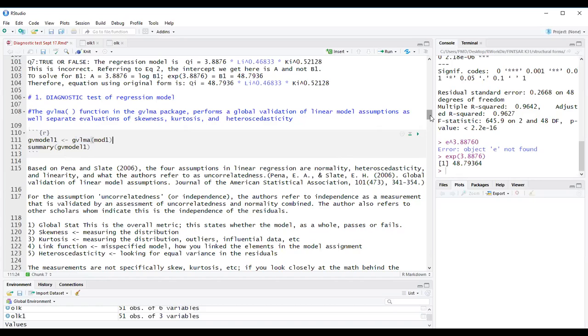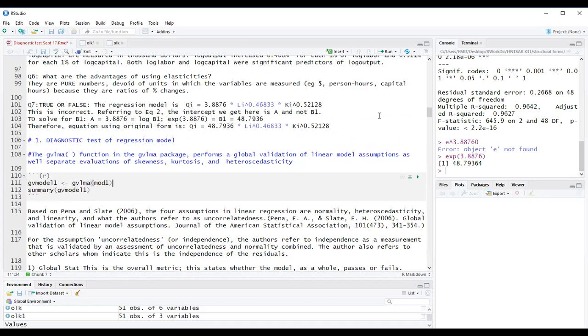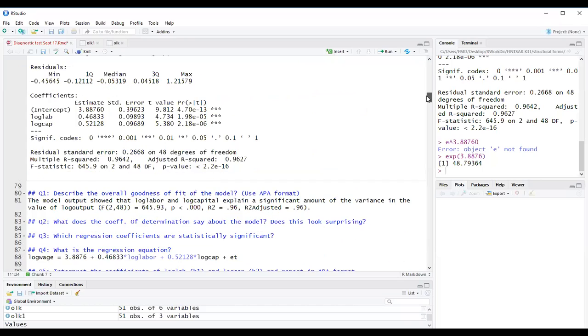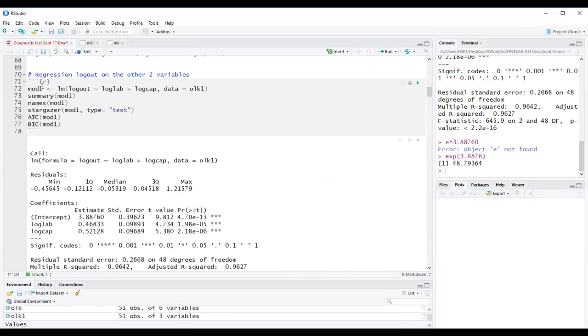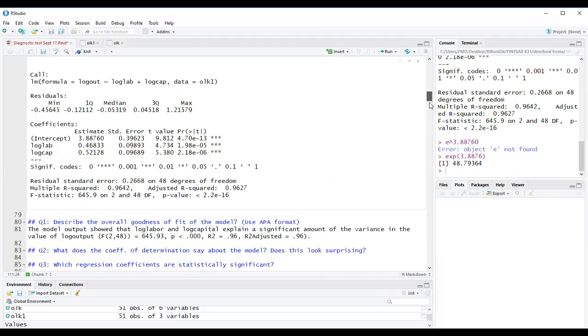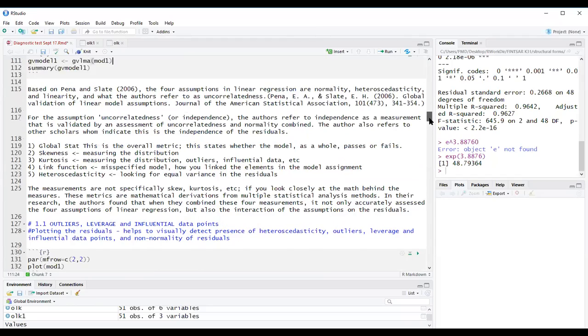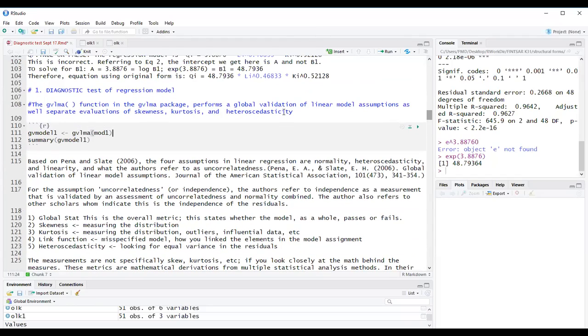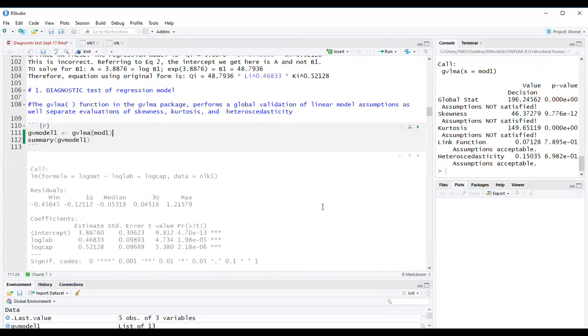Ito yung regression model natin, Mod 1. So pinapatest natin using GVLMA method yung validation ng linear model assumptions natin. And it can also test yung skewness, kurtosis, for the distribution of the error terms, and heteroscedasticity. So check natin, guys. Run.